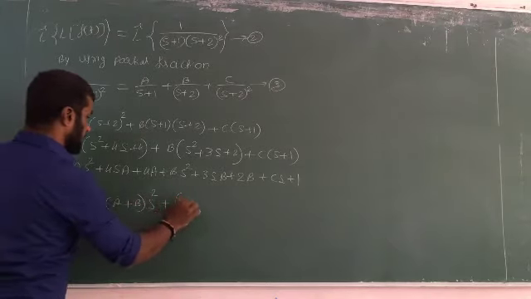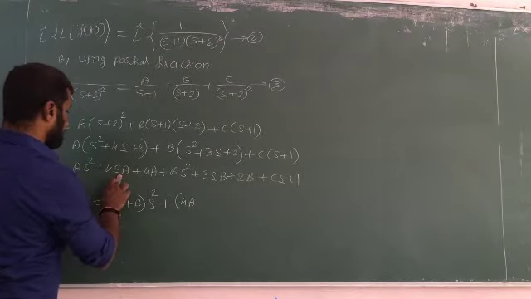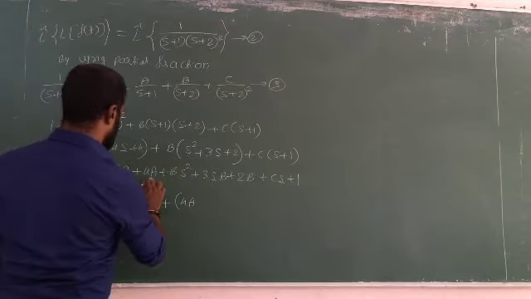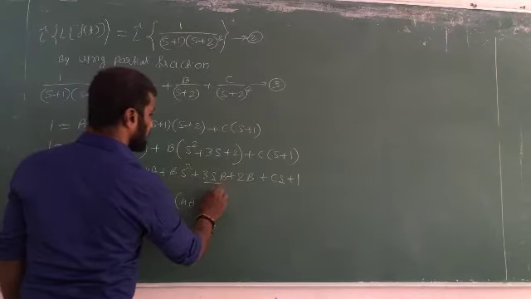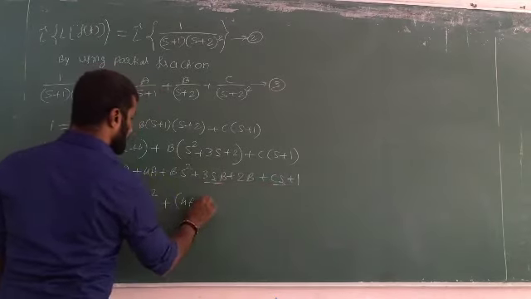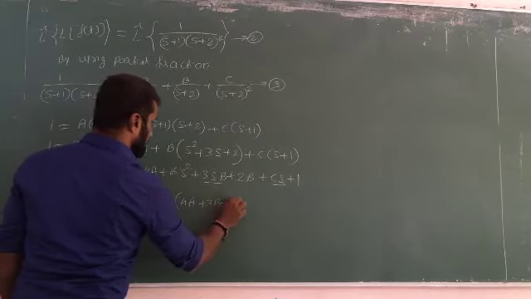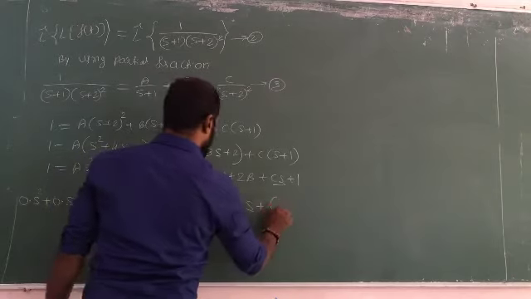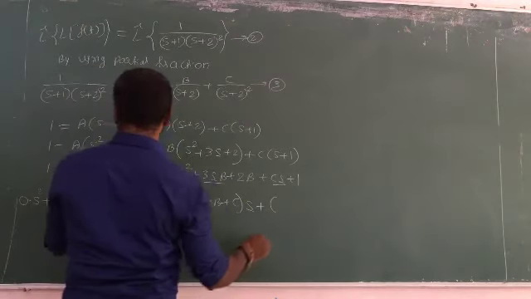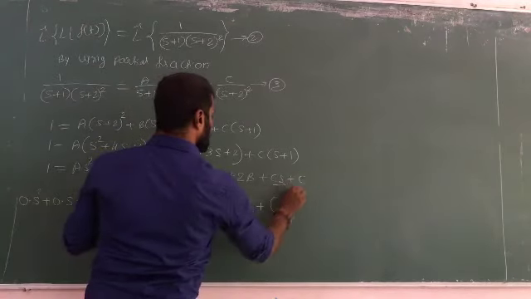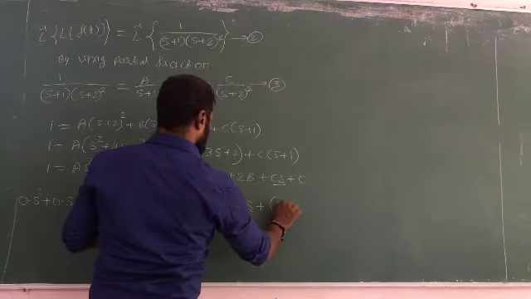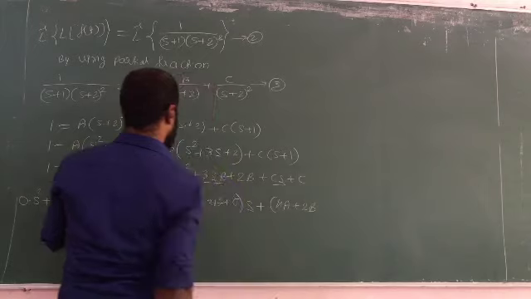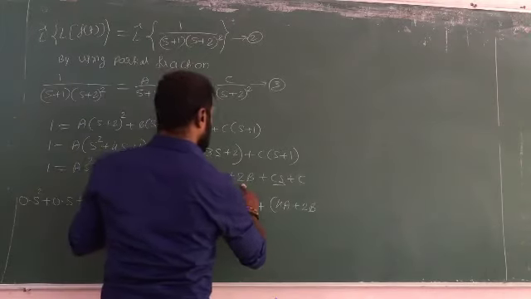So it is 4a. Yes it is 4a, so this one is constant. So this one: (4a plus 3b plus c) of s plus, now the constant, purely 4a plus 2b plus c.